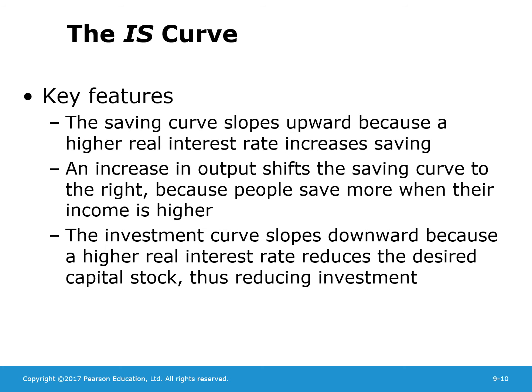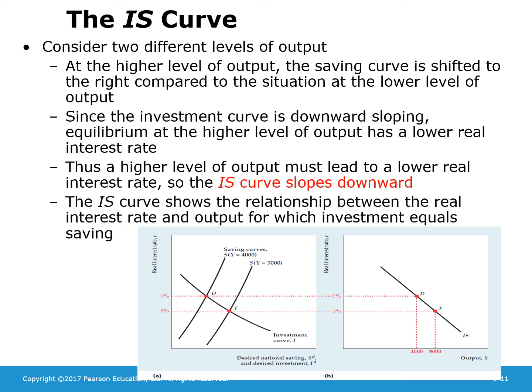The investment curve, when we draw it, was downward sloping because again the interest rate is a cost for investors. So the higher real interest rate reduces the desired capital stock, thus reducing investment. If we consider two different levels of output as we did before, Y equals 4,000 and then Y increased to 5,000, this was the first saving curve, and the second was when Y equals 5,000, where we drew another shifted version of the saving curve, with S shifted to the right.